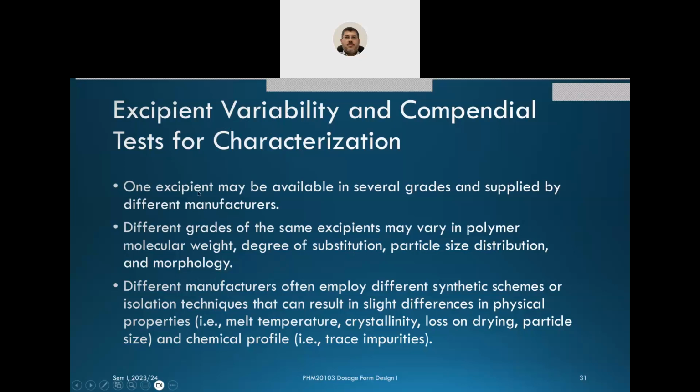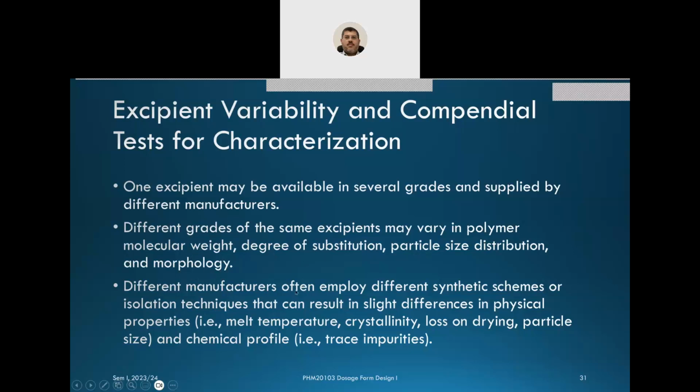One excipient, as we mentioned previously when I discussed the table of functional categories of excipients, I told you one excipient may be available in several grades, and I showed you already in the hypromellose monograph in the Handbook of Pharmaceutical Excipients. So one excipient may be available in several grades and supplied by different manufacturers. Different grades of the same excipient may vary in polymer molecular weight, degree of substitution, particle size distribution, and morphology.